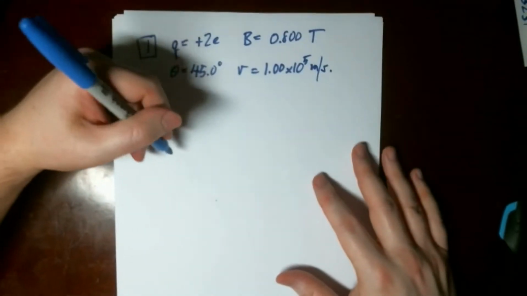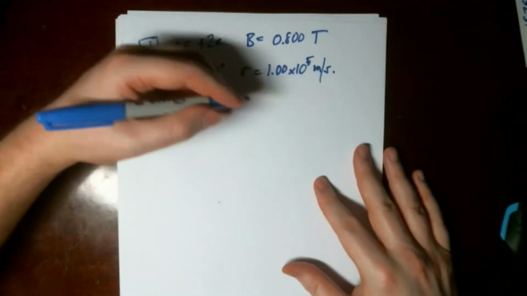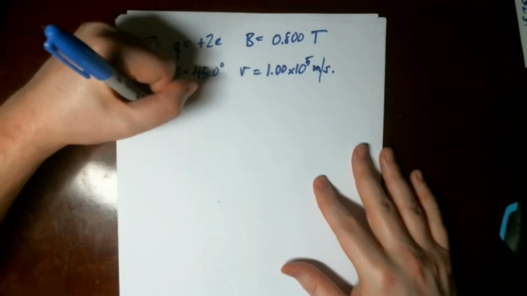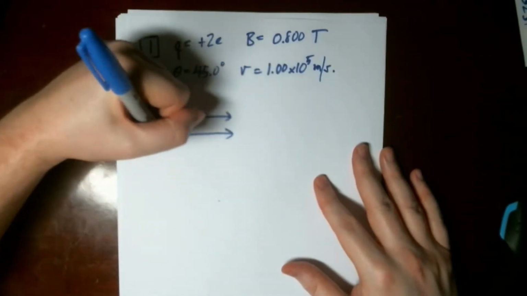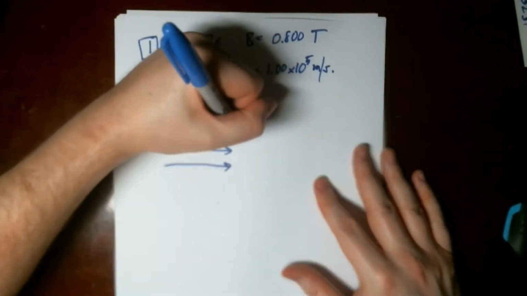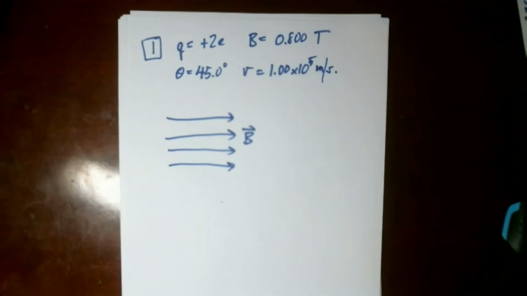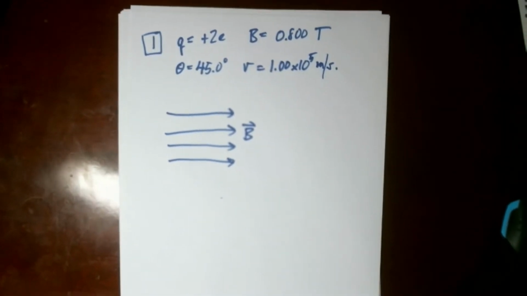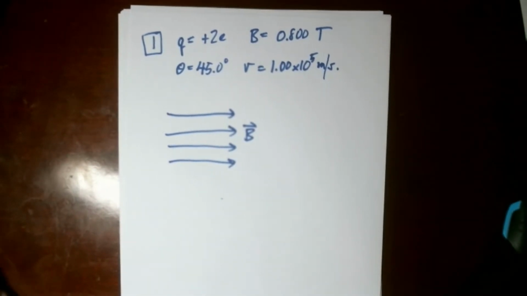So let's sketch that just so you can get an idea of what's going on here. Let's draw our magnetic field going this way. Here's our magnetic field. And then in a different color, a red pen will do.